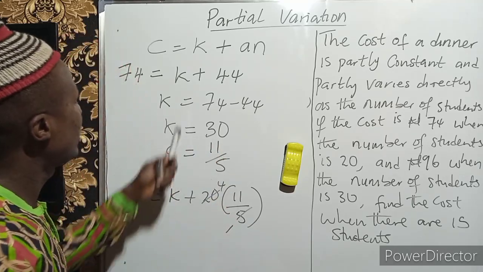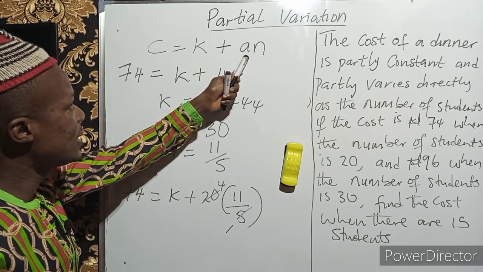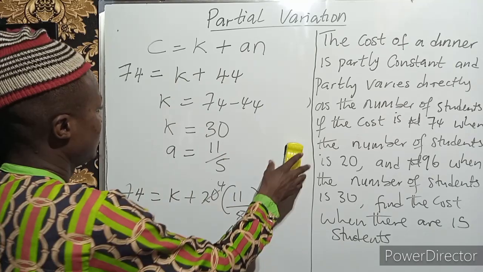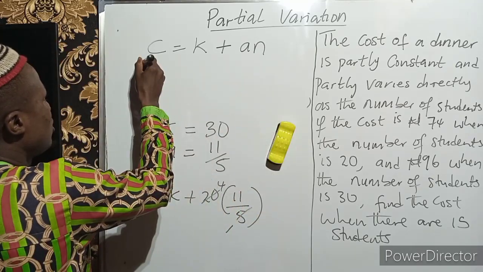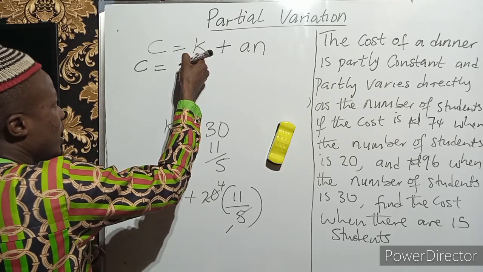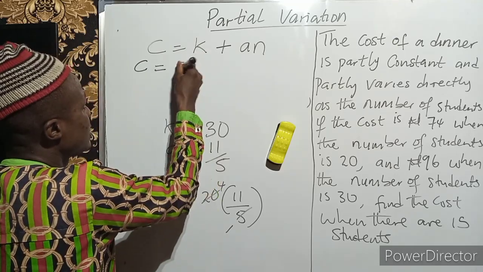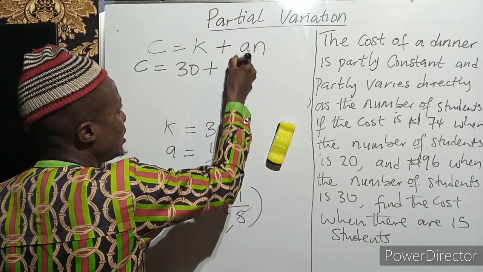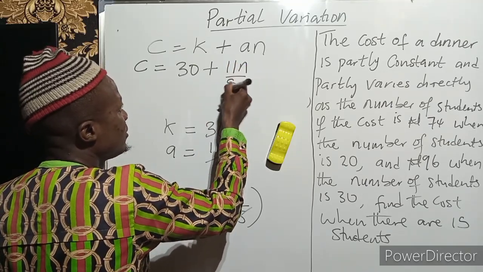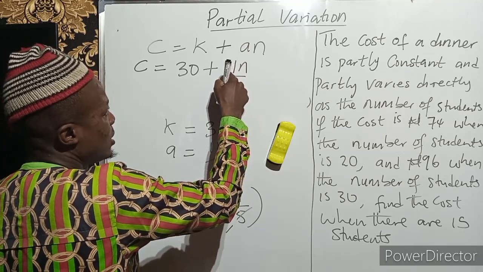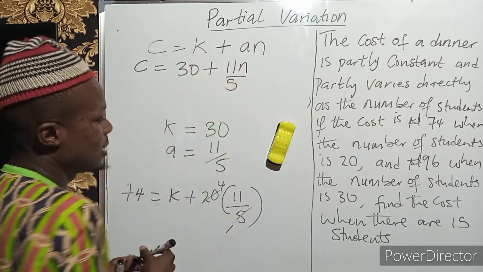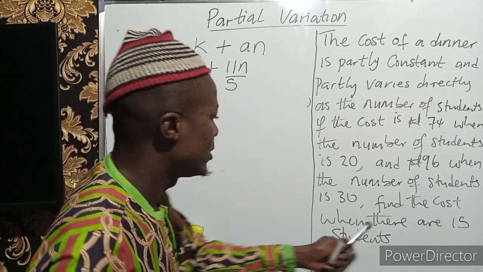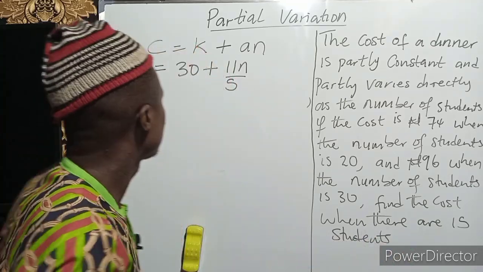So we are now going to plug in the values of K and A in this original function so that we can look for the question that is asked. I now have that C, the cost, equals K. K is now 30. I'll put 30 for K plus A. A is 11 over 5, so it is now 11N all over 5. You can see A has been represented with 11 over 5. Our K is now 30. So the question is now asking us to find the cost when there are 15 students.